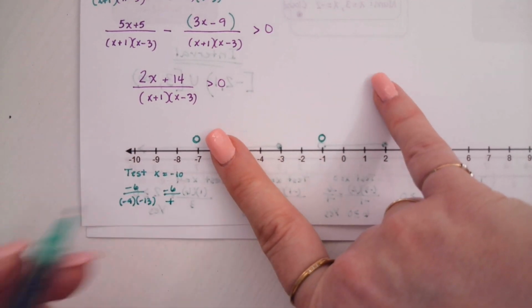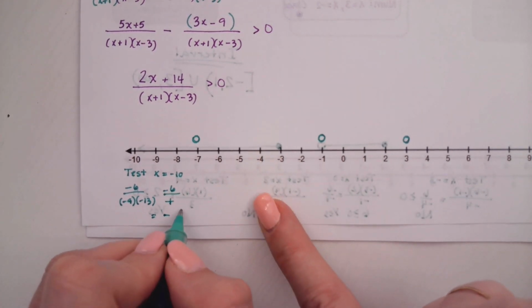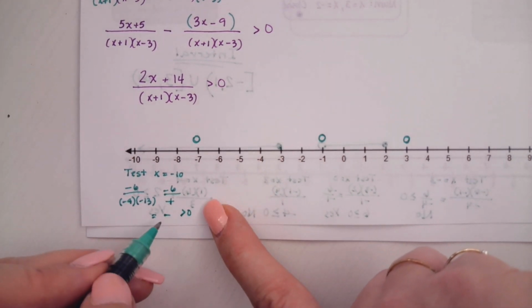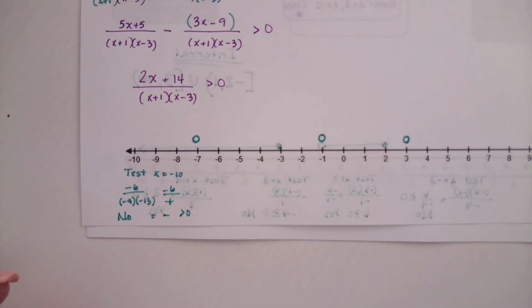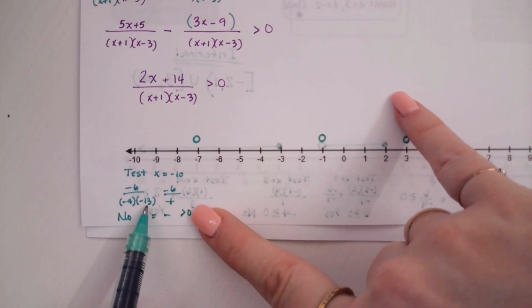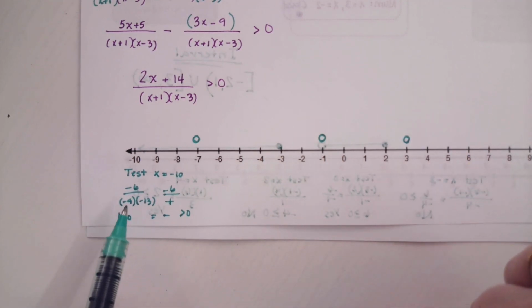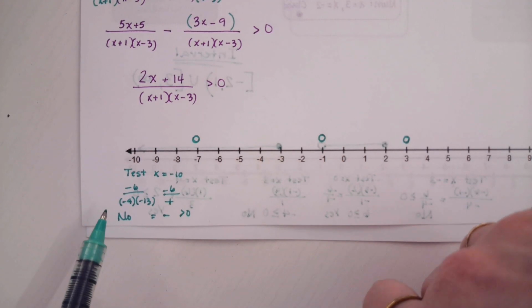What's a negative divided by a positive? A negative. Is that going to be greater than 0? No, a negative number is not going to be greater than 0. So it really doesn't matter what the number is, it just matters what its sign is.